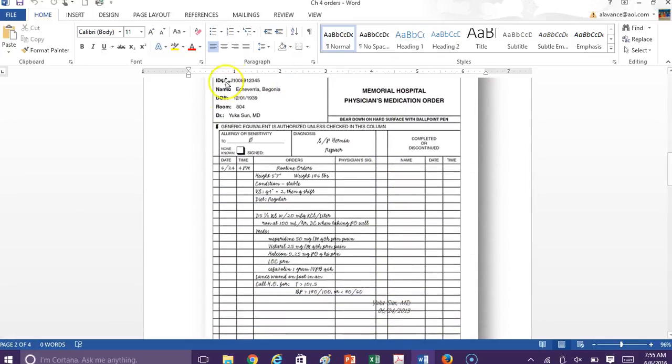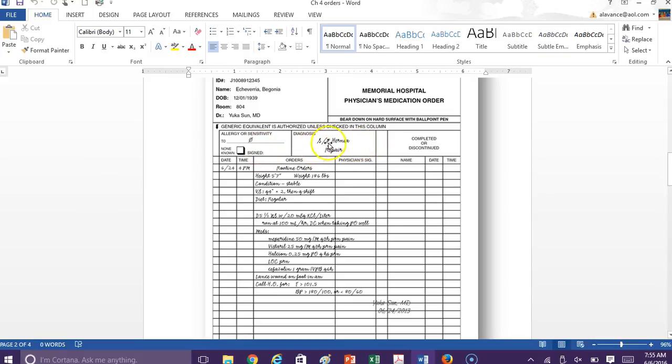So again, we have what's called the addressograph, which is the patient information at the top of the screen: the patient's name, ID number, their location, room number, their prescribing physician. You'll note that they don't have any allergies.